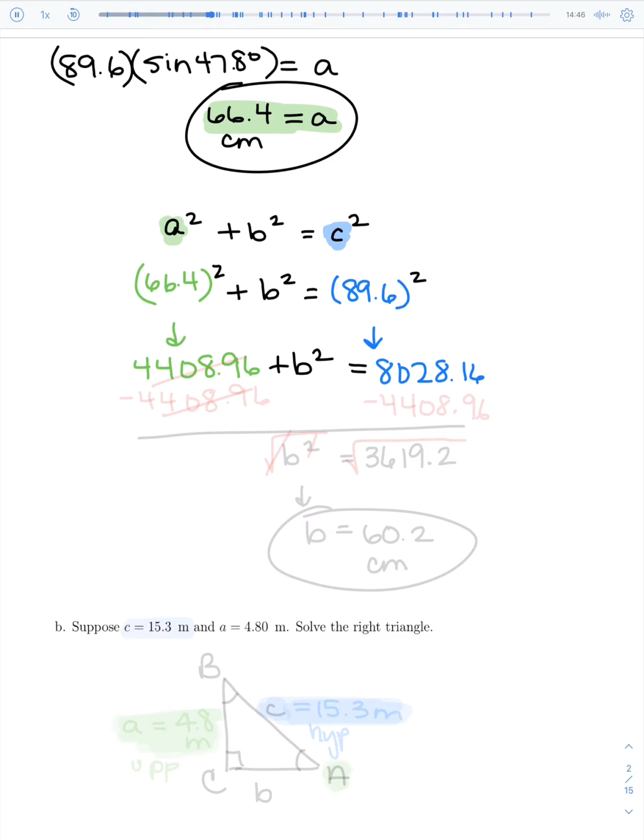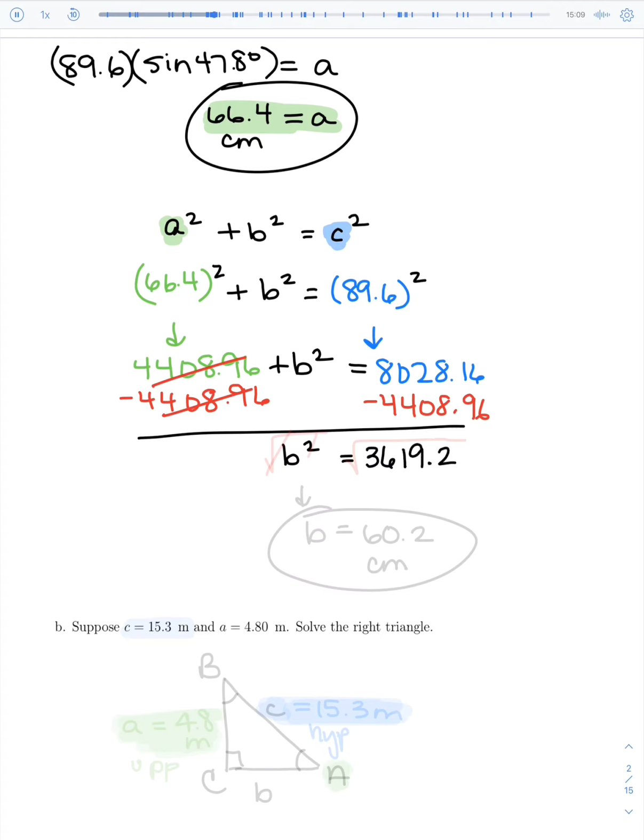So the next step to solving this equation would be subtracting your 4,408.96 from both sides. And be careful, this does not get us B, it still only gets us B squared. But that does get us 3619.2.